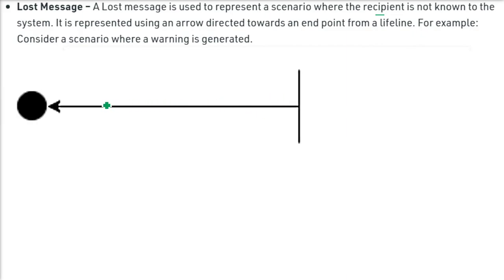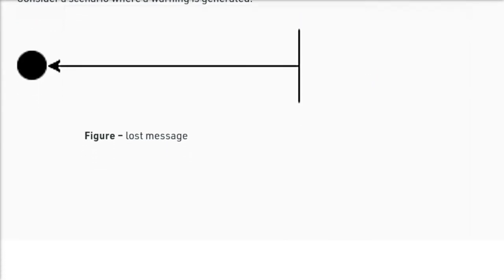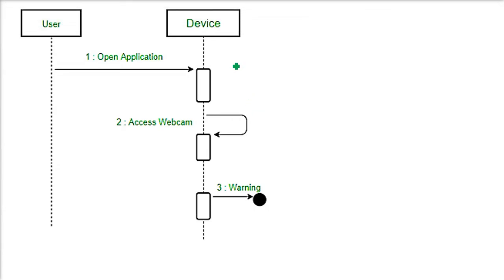For example, here there is a warning being depicted. All this is going on: opening the application, accessing the webcam, etc. But here the recipient is unknown, so we send a message like this. This is a lost message.